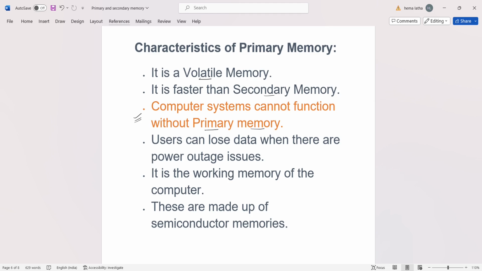Users can lose data when there is a power failure, as we already discussed. It is the working memory of the computer. If the computer has to function, primary memory definitely should be there, and it is made up of semiconductors. The primary memory devices are made up of semiconducting materials.